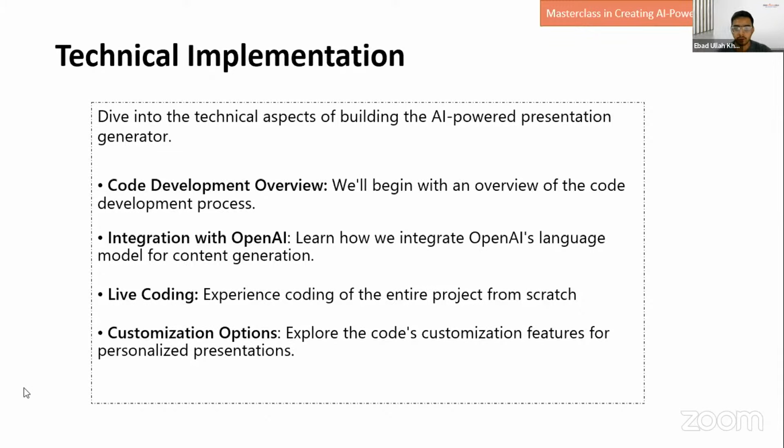It will be deprecated next year. And we will be doing a live coding session. We will be doing prompt engineering, writing the presentation creator code, and also I will be showing you some customization options, like how to dynamically increase the number of slides or change the background color of the presentation, things like that.